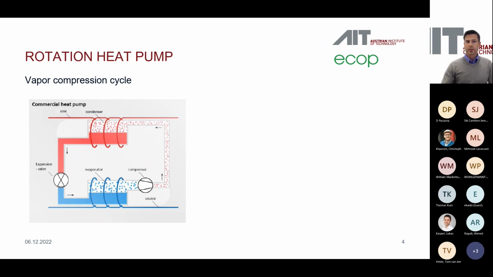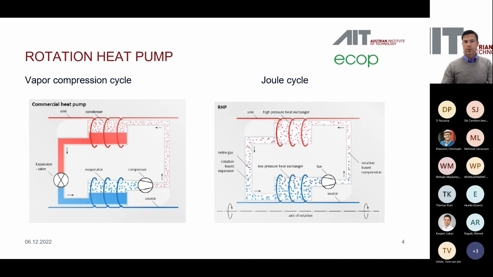And on the right side, you see the Joule cycle, which is implemented in the rotation heat pump. In the rotation heat pump, there is a rotation axis you can see here, and the Joule process needs, of course, also a compression, which is done by centrifugal forces.